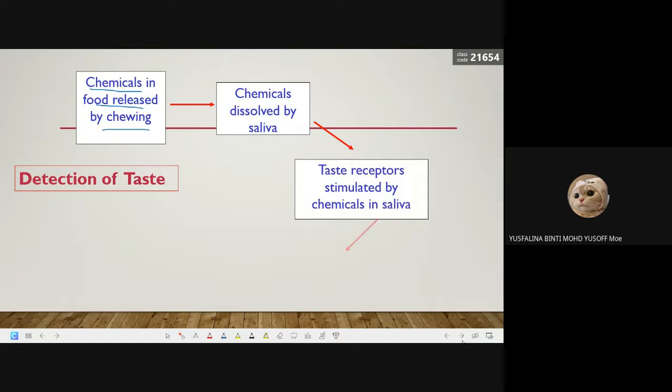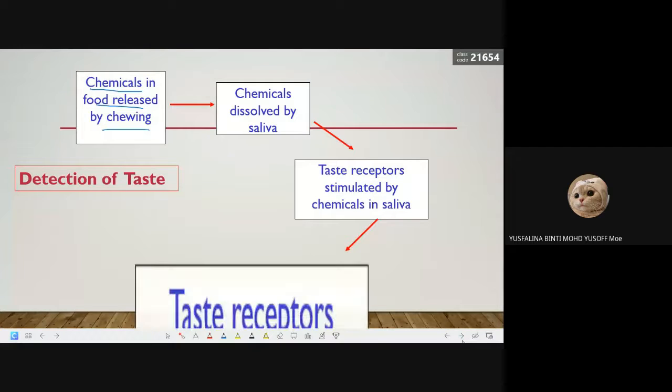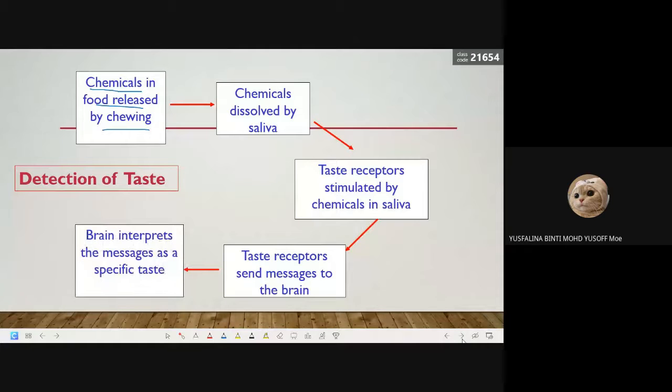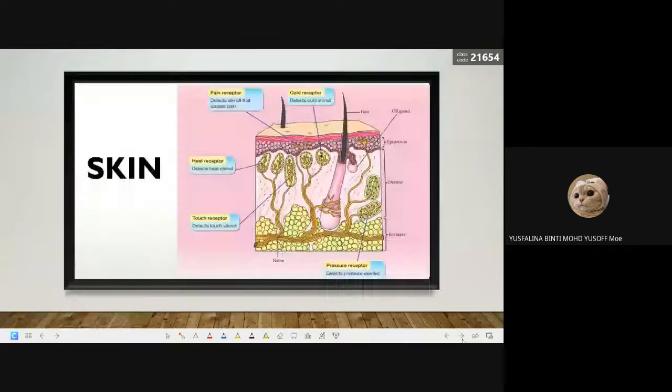Then it will stimulate the taste receptor. Then the taste receptor will produce impulse, then it will send a message to the brain. I hope you are clear. Then the brain will interpret what type of taste it is.